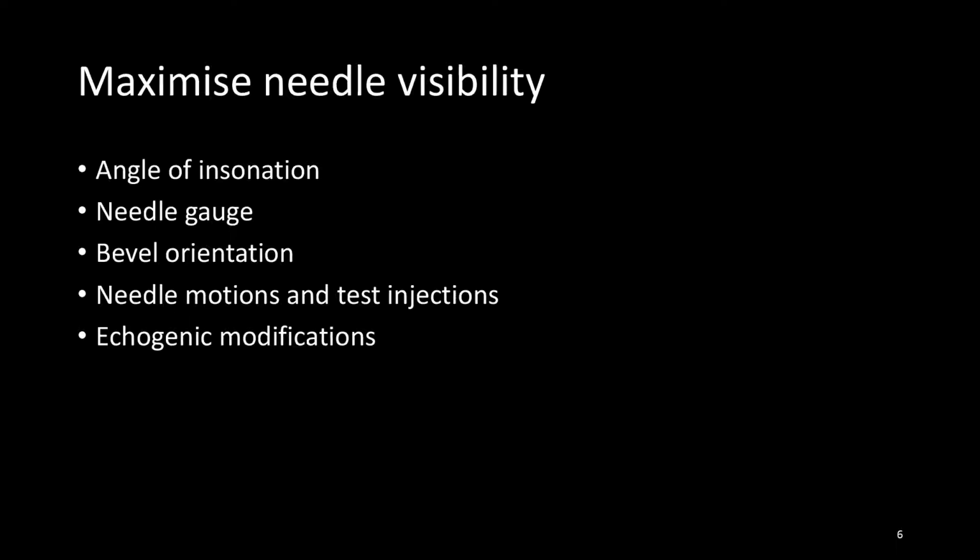So nowadays, echogenic needles have started to come. These needles increase the reflection of the ultrasound waves back to the transducer. Even if we go into a steep trajectory, these needles maintain their echogenicity, thereby providing us better needle visibility.